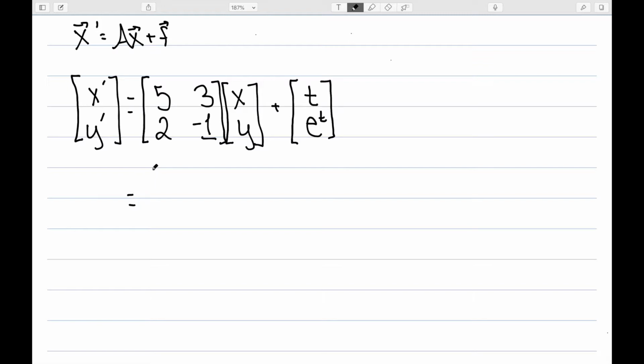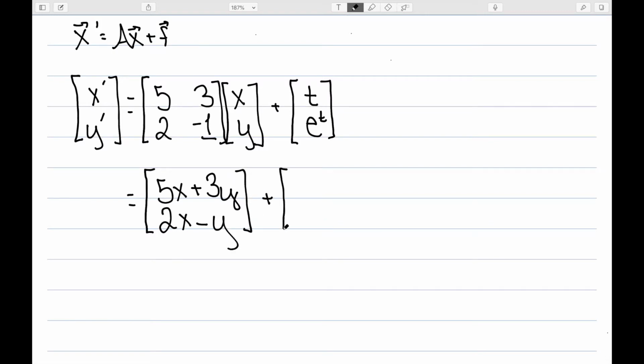If I look at this right-hand side, I can multiply out this matrix and this vector. I would have 5 times x plus 3 times y. The second row would have a 2 times x minus 1 times y. And then I still have the plus t, e to the t vector.